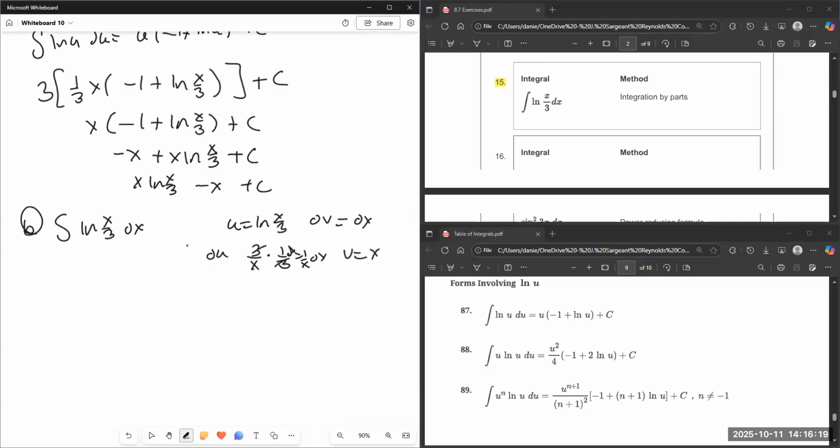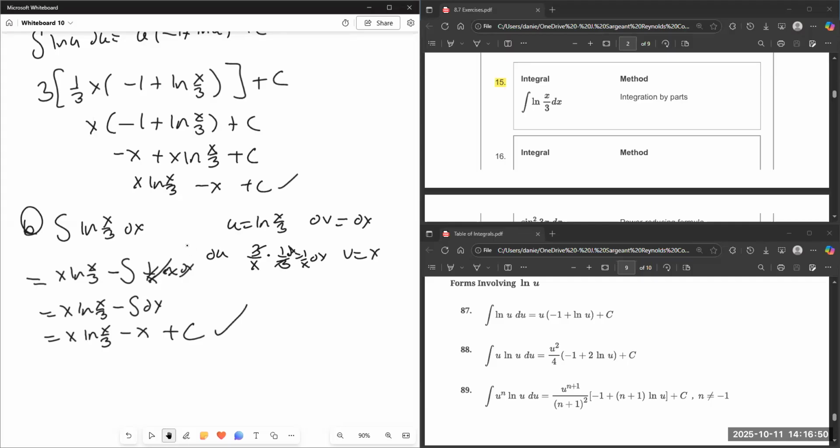V is equal to x, so we have uv minus the integral of v du, which is equal to x ln of x over 3 minus the integral of dx, so x ln of x over 3 minus x plus c, and we get the same answer both ways.